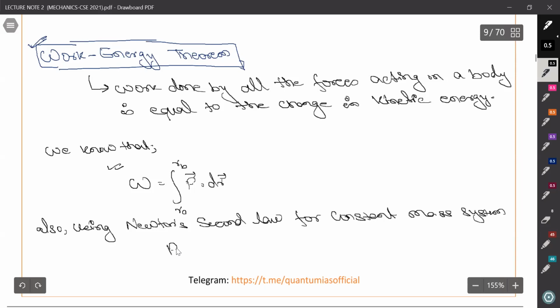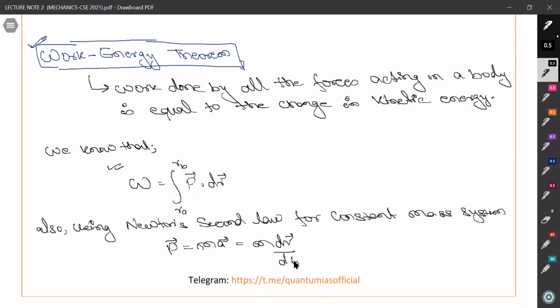What can we write? F is equal to what? ma, and that is equal to m dv by dt. You must be clear about this. We have to use the second law for constant mass for finding the kinetic energy of the particle.